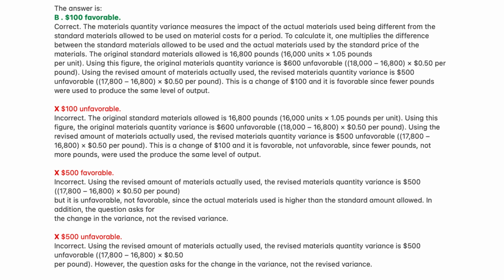Using the revised amount of materials actually used, the revised materials quantity variance is $500 unfavorable, 17,800 to 16,800, times 50 cents per pound. This is a change of $100 and it is favorable since fewer pounds were used to produce the same level of output.